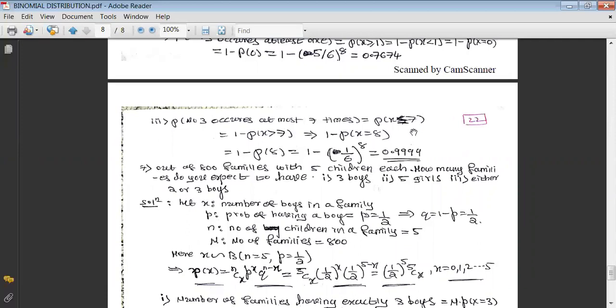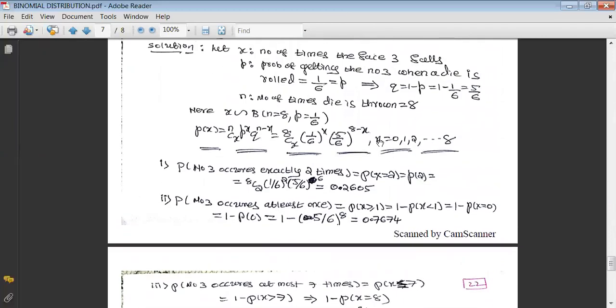And the third one, we want that number 3 occurs at most 7 times. At most 7 times means maximum 7 times, otherwise it should be less than that. That's why the probability of x less than or equal to 7. Less than or equal to 7 means again we have to deal with many of the probabilities, and it goes tedious directly. Let us think of the complement law, that this can be written as 1 minus the probability of x greater than 7. Greater than 7 means only one permissible value.